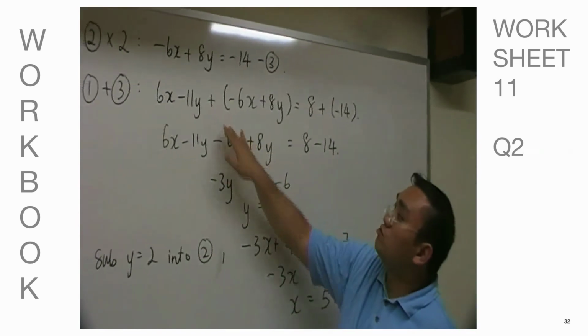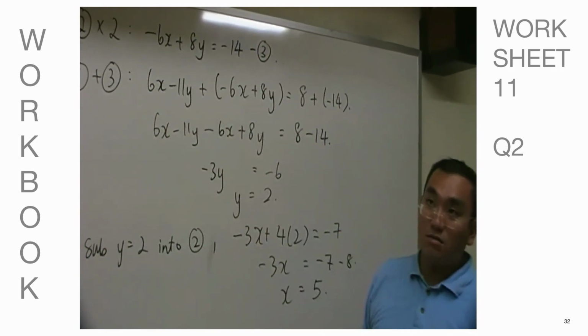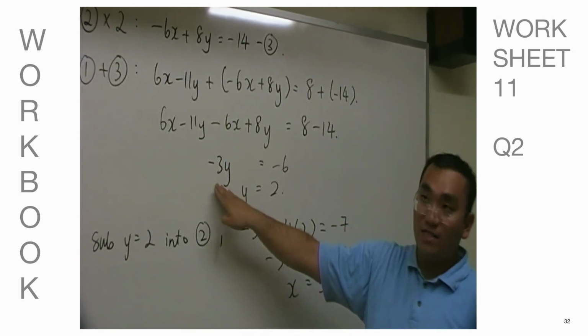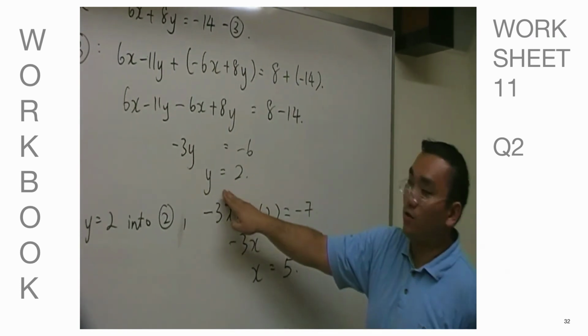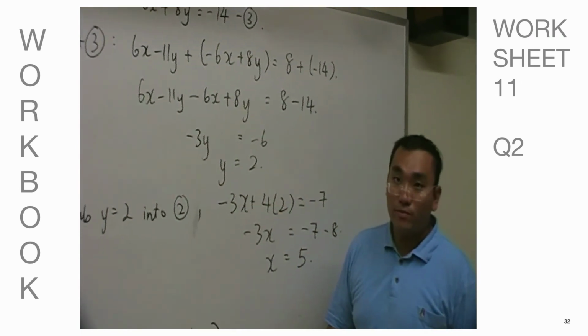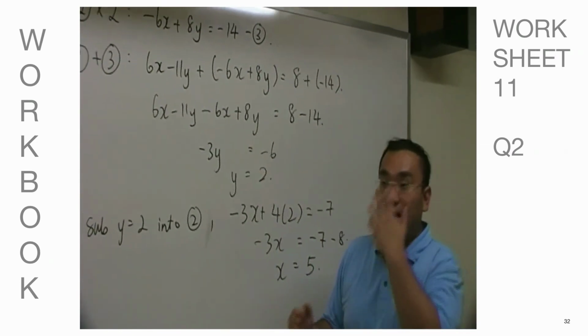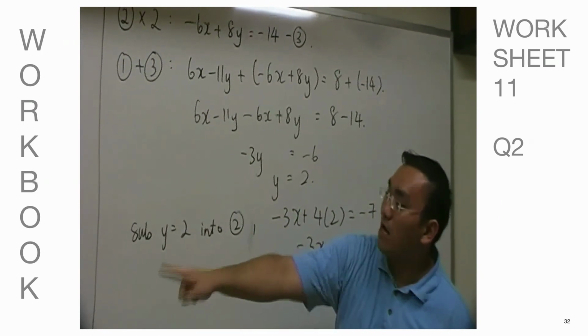When we do the operation, realize that this 6x will negate this 6x to form 0, and we will be left with a y term, which is -3y equals -6, y equals 2. Since we have y equals 2, we must find the value of x. We will substitute y equals 2 into either 1, 2 or 3.